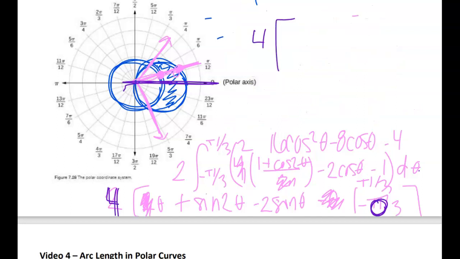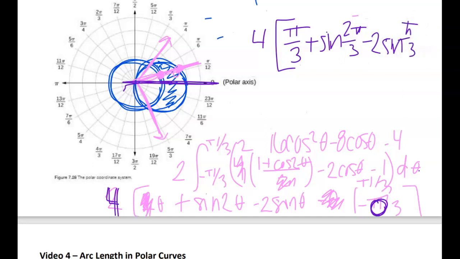Okay, so we have 4 times pi over 3 plus the sine of 2 pi over 3 minus 2 times the sine of pi over 3. And then when I plug in 0, I just get 0, so minus 0. Sine of 2 pi over 3 is root 3 over 2.